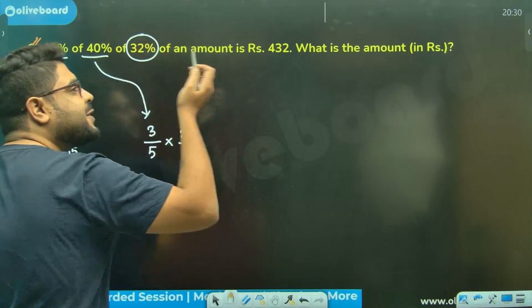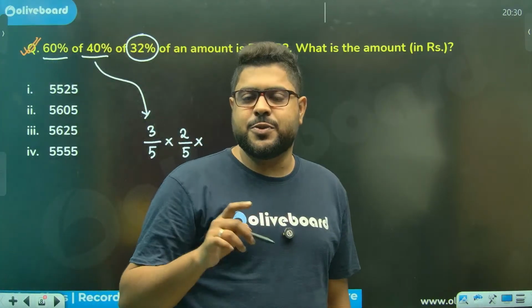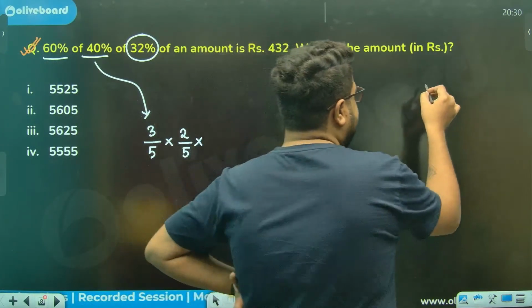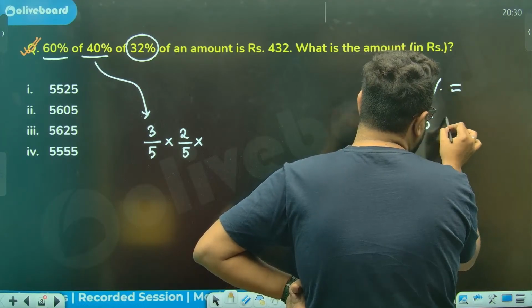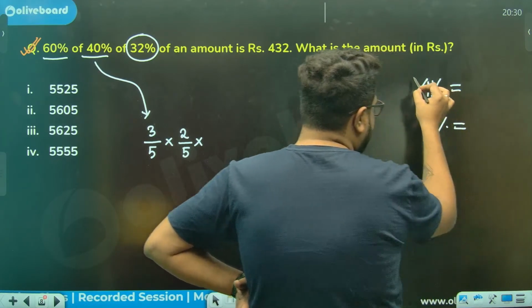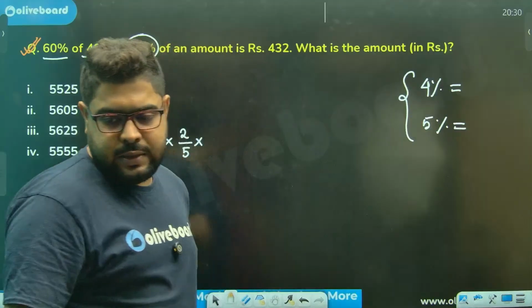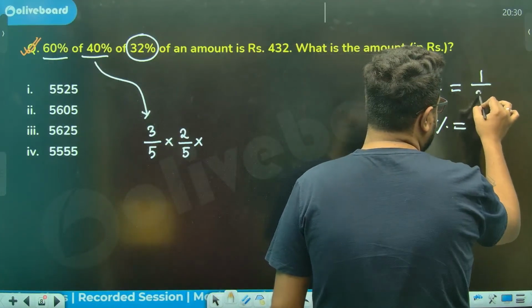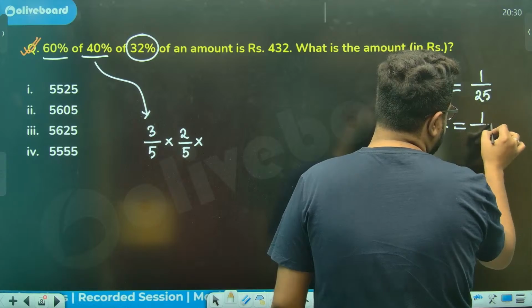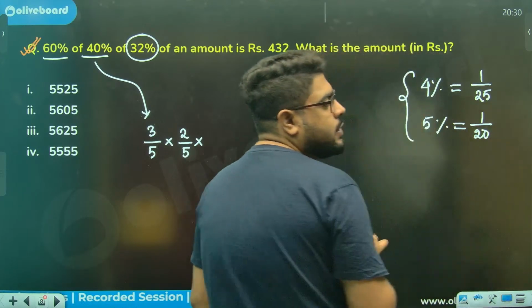Sir, 32%. You'll say, sir, I don't know 32%. No, you guys know. Always remember, I don't know whether you know this or not, but if you don't learn this, these two values are very important to remember. 4% is 1 by 25 and 5% is 1 by 20. Why?